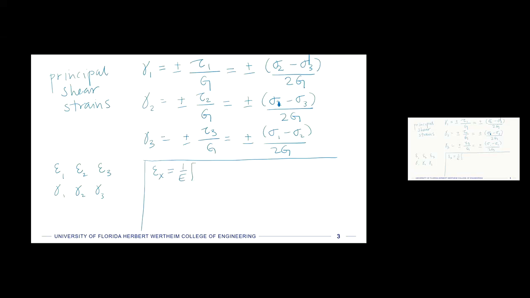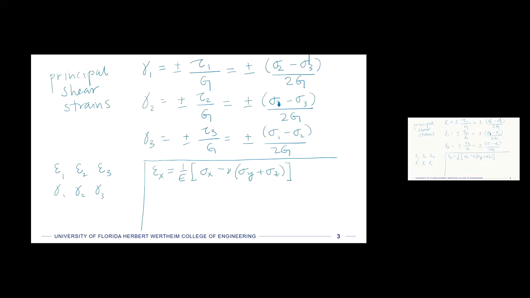I'm going to write that one more time. You're going to get tired of writing it. So sigma x minus nu times sigma y plus sigma z. But this is a strain along x only from a stress along x.